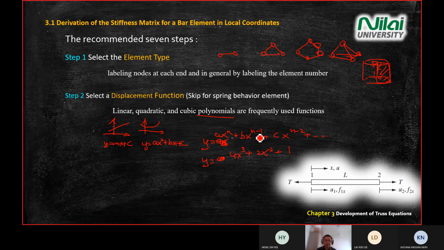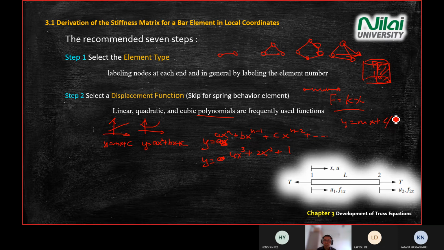Cubic. But you know that for our bar element, in our assumption we assume that our bar is like a spring, so Hooke's law applies. So F equal to kx, and you look at this form, this is a linear equation. F equal to kx is in the form of y equal to mx plus c.